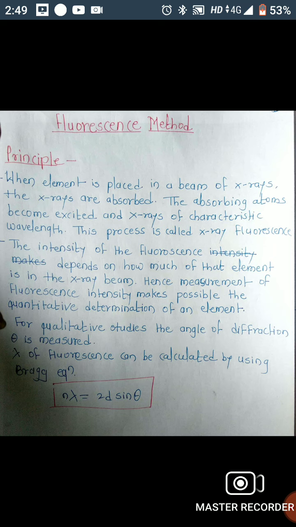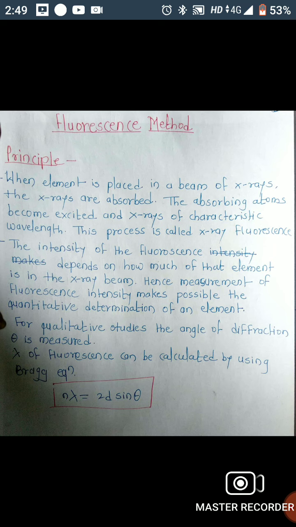That is, when an element is placed in a beam of X-rays, the X-rays are absorbed, the absorbing atoms become excited and emit X-rays of characteristic wavelength, and this process is called X-ray fluorescence. The intensity of fluorescence depends on how much of that element is in the X-ray beam.